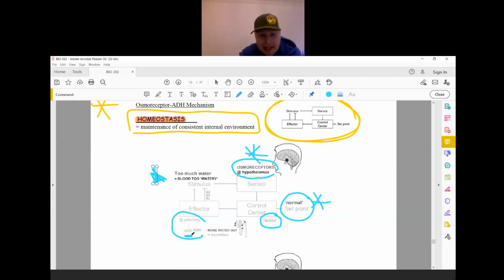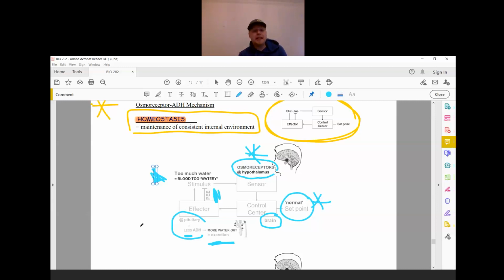And when we have less ADH, we have more water leaving the body. So we end up excreting more water, producing more secretion from the nephron. So we end up peeing much more water. That's how we get rid of the water.